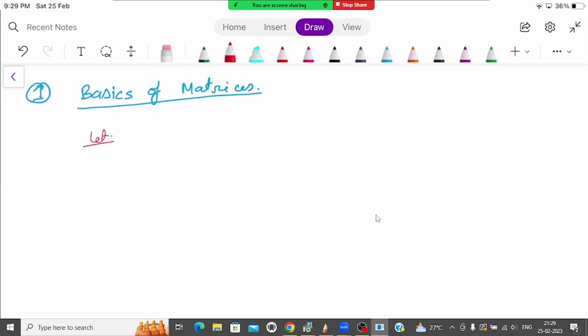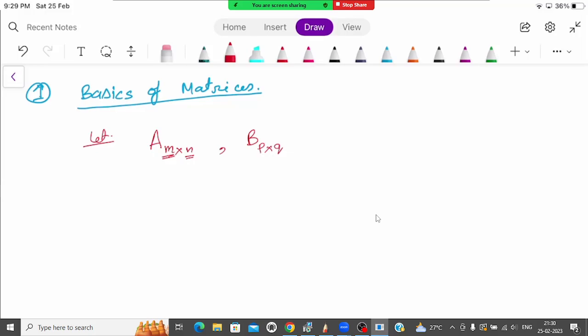Suppose we have two matrices. First one is matrix A, which is an m cross n matrix, meaning m rows and n columns, and the second one is matrix B, which has p rows and q columns. Suppose we have these two matrices.